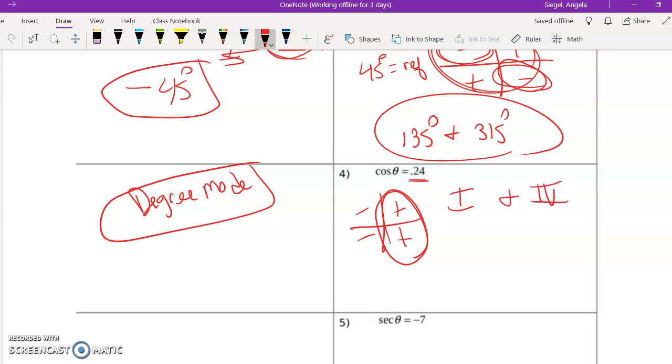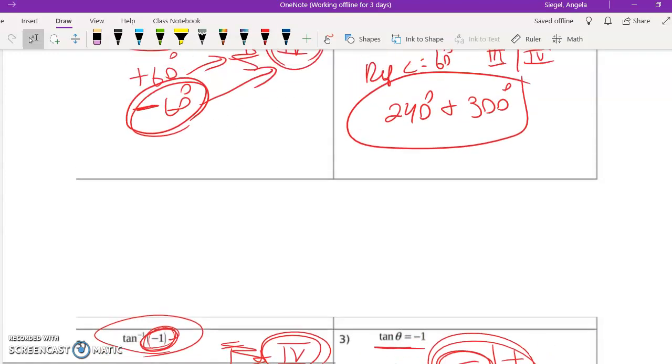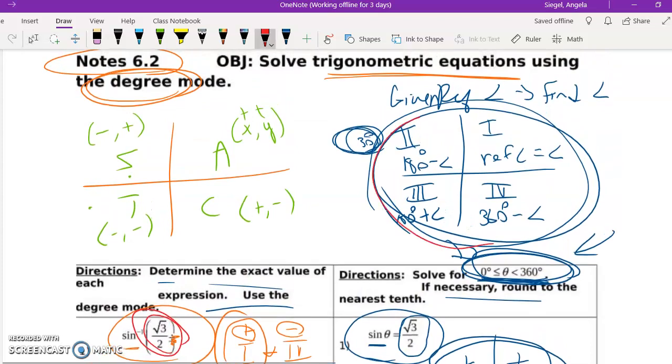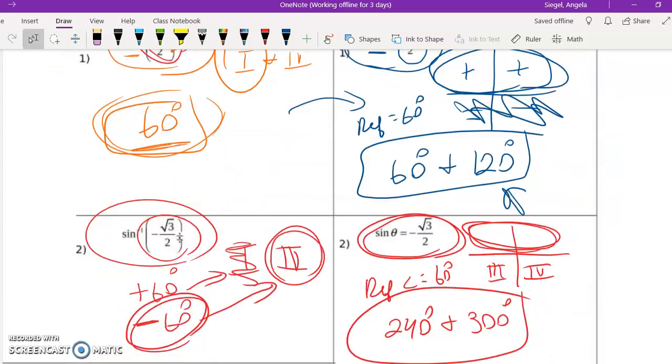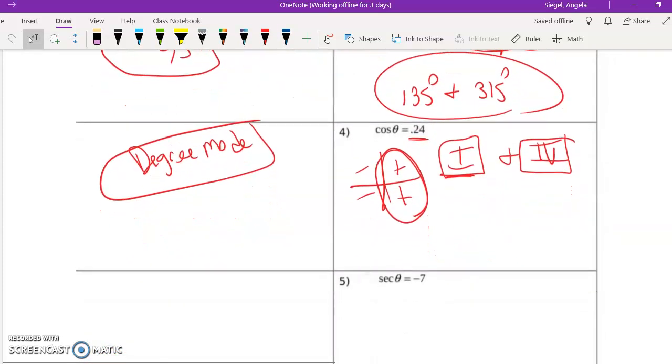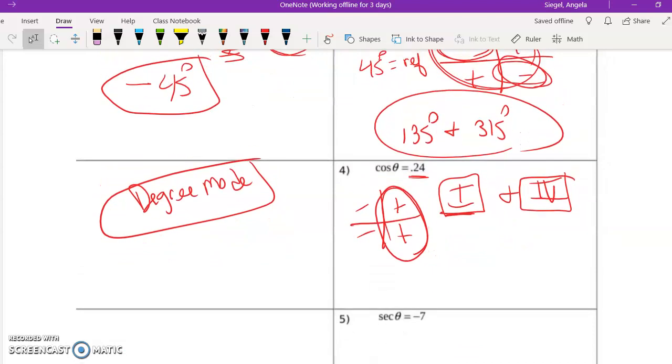Okay, so in quadrant 1, whatever I find my reference angle to be, that's going to be my actual angle. And then in quadrant 4, even though it's going to look very different, we're still going back up here to that process. Okay, so we're going to get into the algebra part.